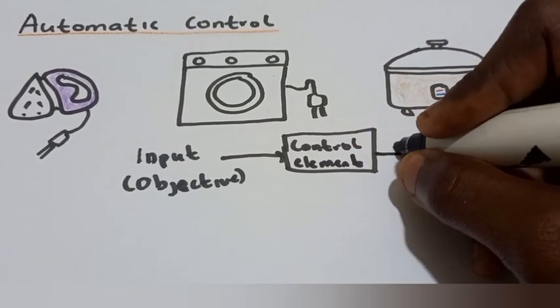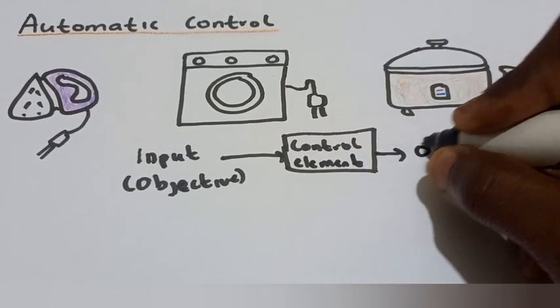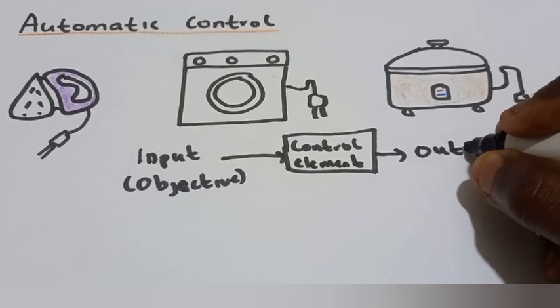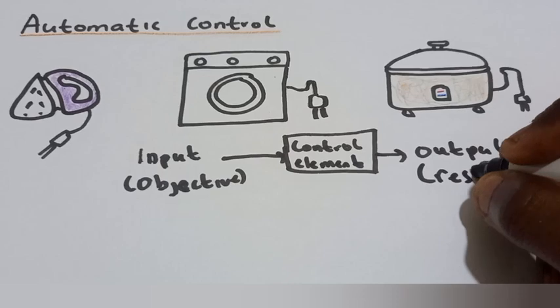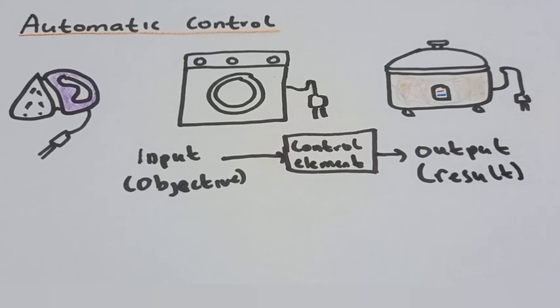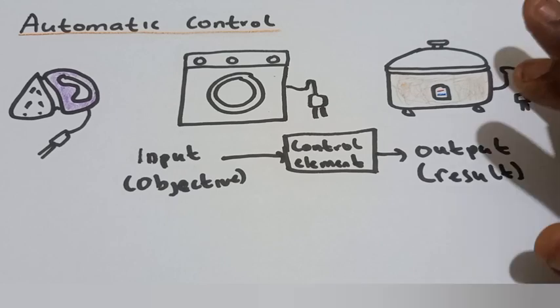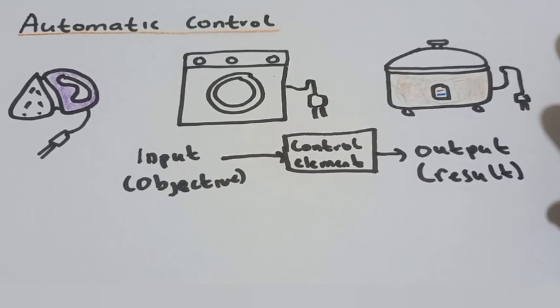And this control element will give us the required output or our results. So this is the basic schematic for any control system. We have the input, we have the control element, which gives us our results.